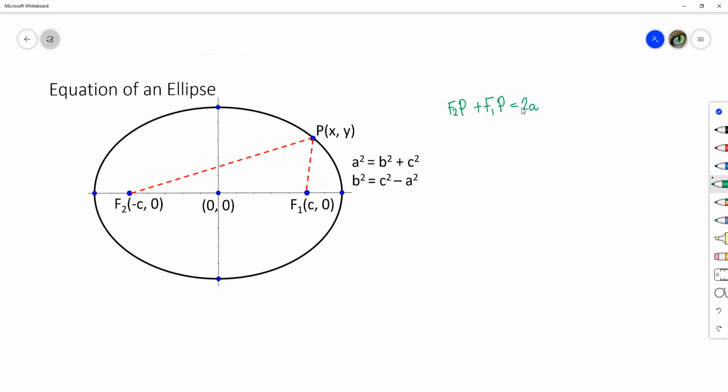Now, using the distance formula, remember that the point F sub 2 has this coordinate.